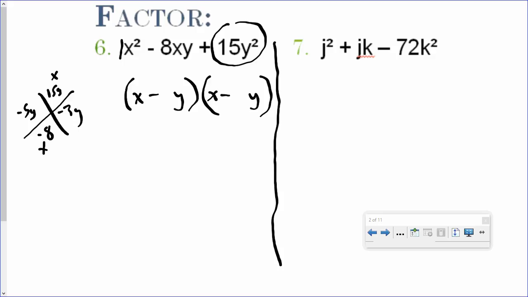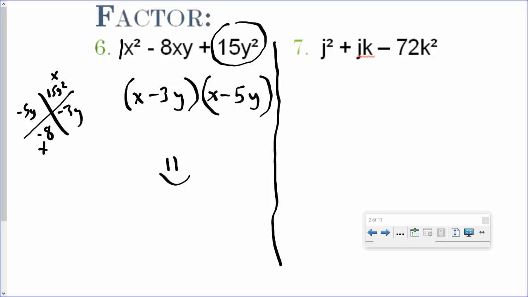Does negative 3 times negative 5 make a positive 15y squared? Why, yes, it does. When we add them together, does it make a negative 8? It sure does. So we'll have x minus 3y and then x minus 5y. That works. You probably didn't know that this was going to be a possibility. We'd have more than one variable, but it's true.